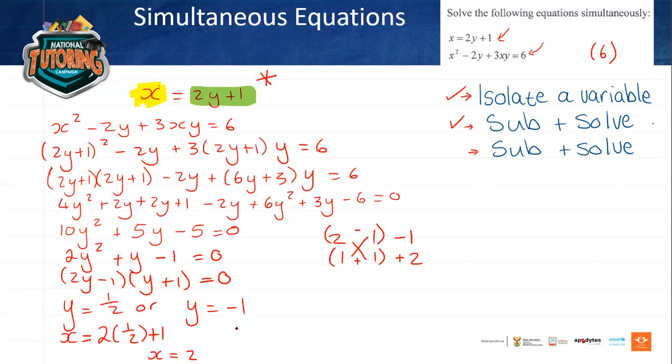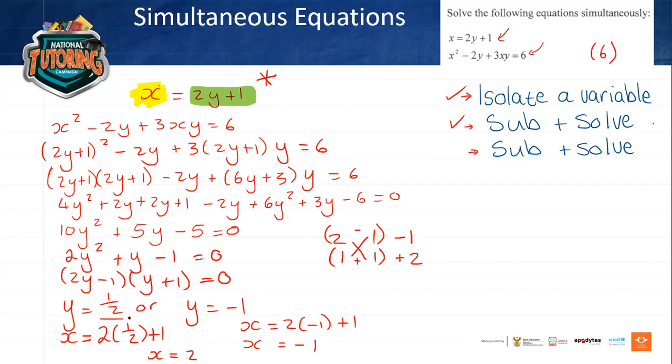When y is equal to negative 1, x is going to be 2 times negative 1 plus 1, and we get negative 2 plus 1, which is negative 1. So my solutions are a half and 2, or negative 1 and negative 1.